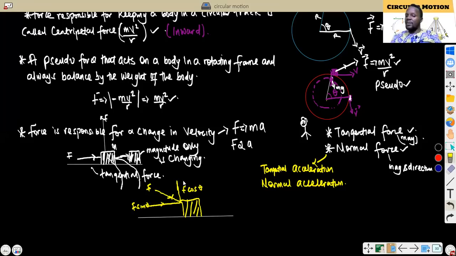Quickly, so my dear student understands: tangential force or tangential acceleration, because force is proportional to acceleration, is given as F sin theta, and this is given as F cos theta.